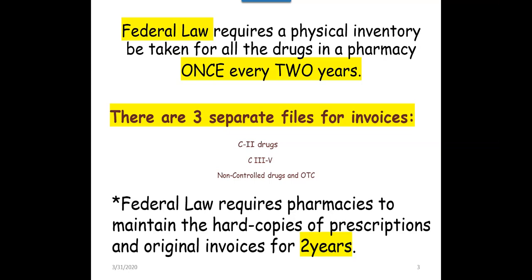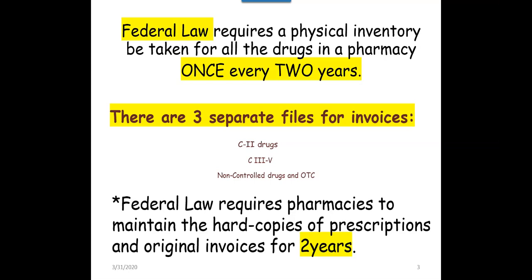One is for the majority of the drugs in the pharmacy, which are not controlled or are over the counter. The second file is for Schedule 3 through 5 drugs, and the last file is for Schedule 2 drugs. So it's the same as how you file hard copies of prescriptions. You have 3 separate files for written prescriptions, and 3 separate files for your invoices.